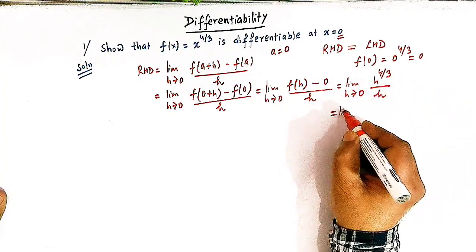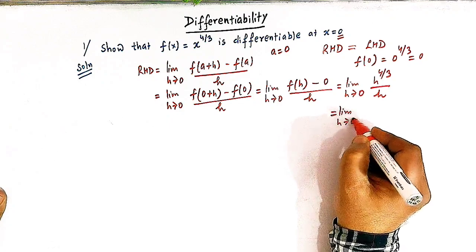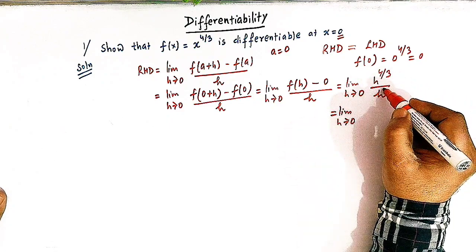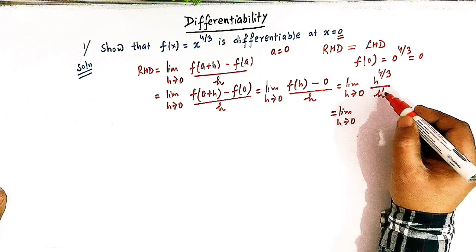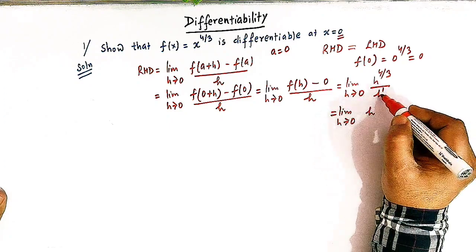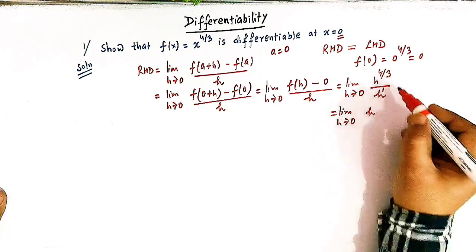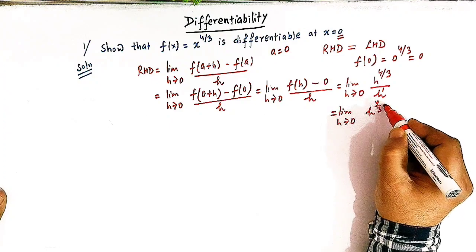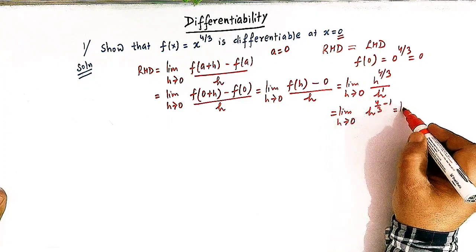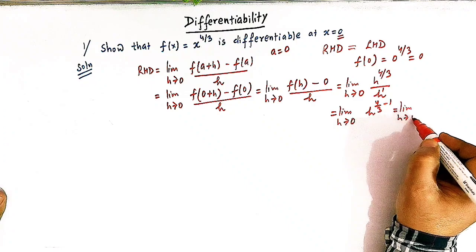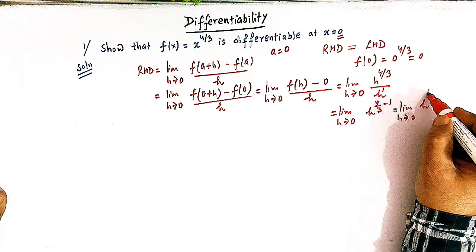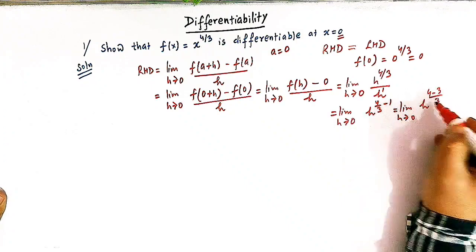And now by making use of the laws of exponents, here we have h raised to 1. So taking h raised to 1 to the numerator, we have 4 over 3 minus 1. So this is the limit h tends to 0, h raised to 4 minus 3 over 3.